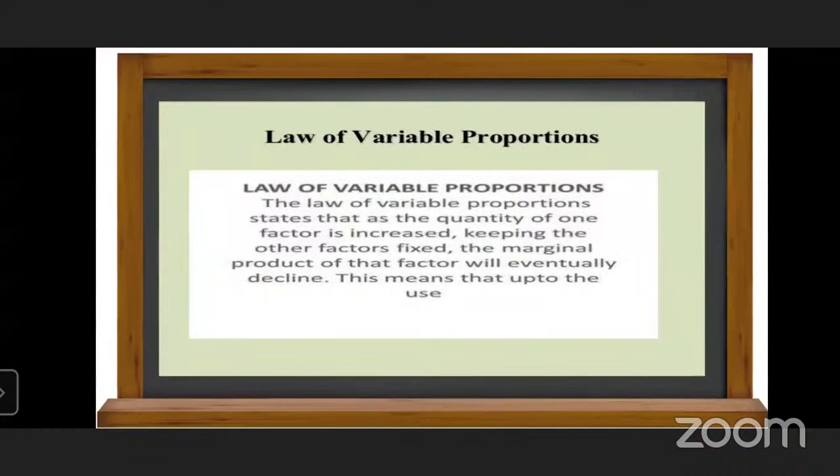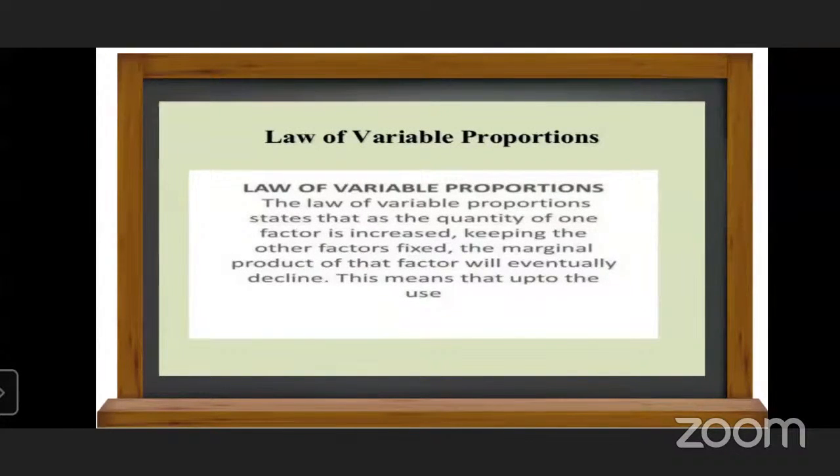Then we have the law of variable proportion. You might be thinking why this came suddenly. We classify the terms as short term and long term. In the short term, we deal with the law of variable proportion, and in the long term, we deal with returns to scale. Short term is defined as when at least one of the factors is fixed. You cannot keep everything variable.